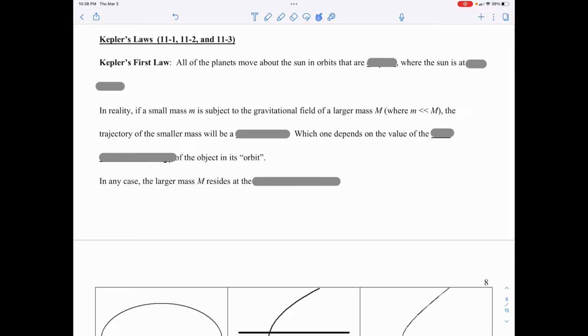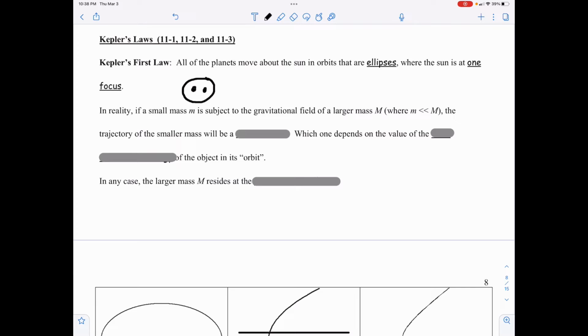Kepler's first law: all of the planets move about the sun in orbits that are ellipses, where the sun is at one focus. Now, an ellipse is very similar to a circle, but it has 2 focus points.